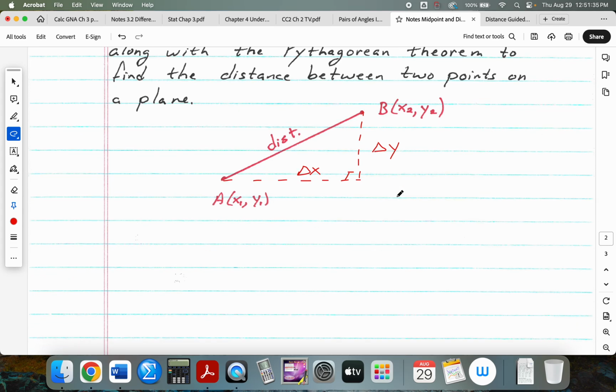But we can actually do this all in one step. This distance is going to be equal to, we would find delta x, that would be x2 minus x1. Find delta y, y2 minus y1. To do the Pythagorean theorem on those, we squared each of them and added them together.